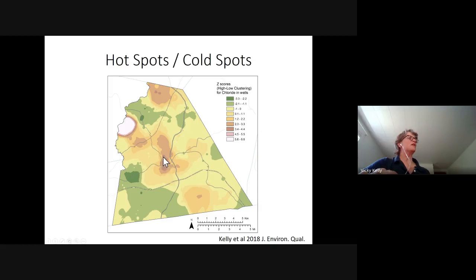We did find a couple of spots in the township where there are clusters of high concentrations, and a couple of spots where there are clusters of low concentrations. So the salt is not evenly distributed necessarily. It can be found in these hot spots within the groundwater in this township.